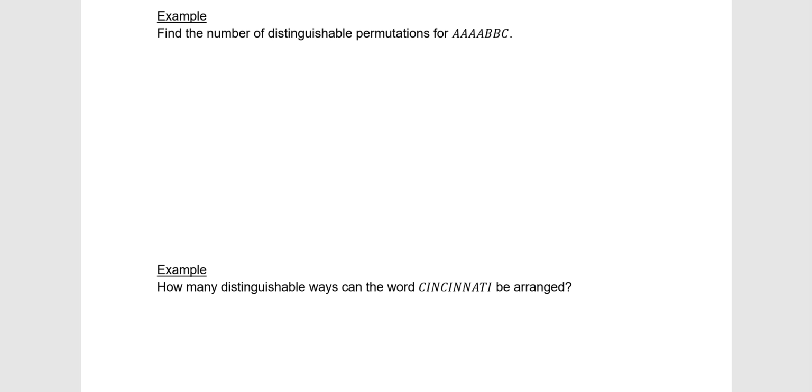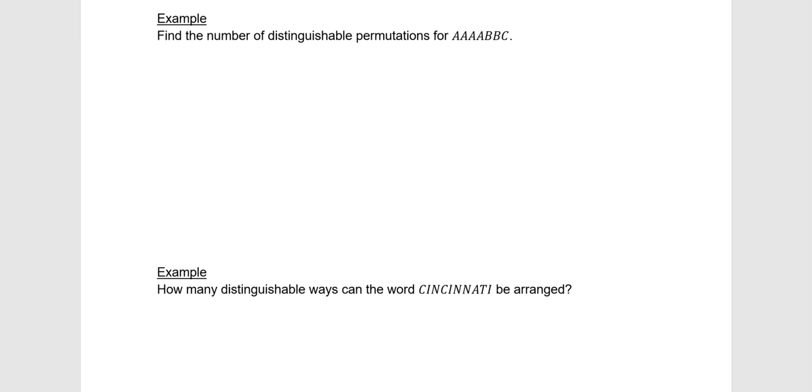So let's find the number of distinguishable permutations for A, B, B, C. First, let's count how many total objects we have. We have 1, 2, 3, 4, 5, 6, 7. So n is going to be 7. And let's count how many groups of objects we have that are the same. Let n sub 1 be the number of A's.